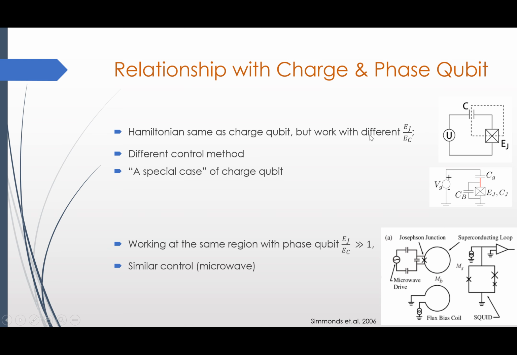The charge qubit is controlled by voltage, but the Transmon is controlled by microwave pulse. As for the phase qubit, the Transmon has a different Hamiltonian, but they both work in the region where Ej over Ec is much greater than 1, and they both use microwave control.